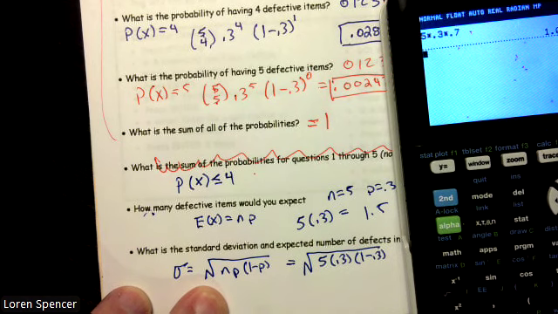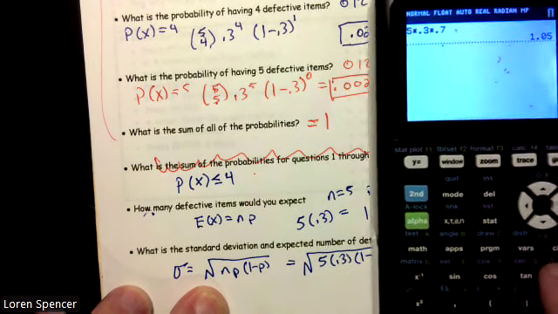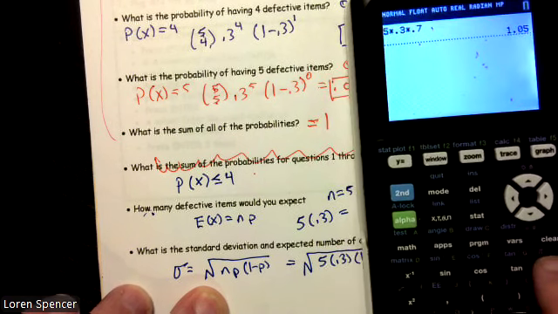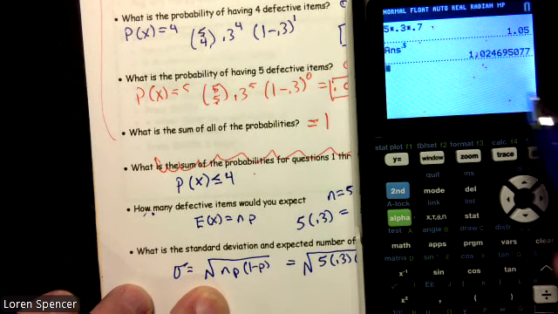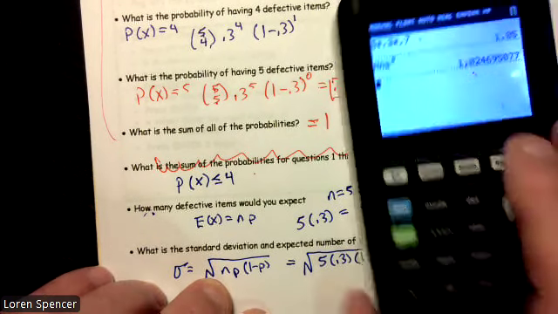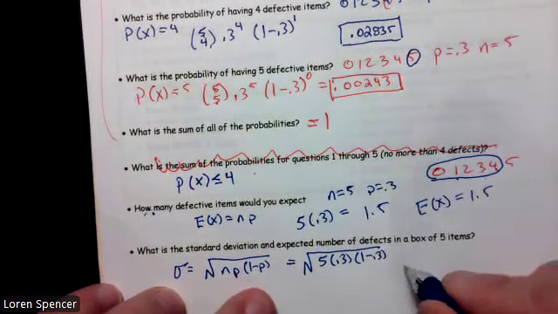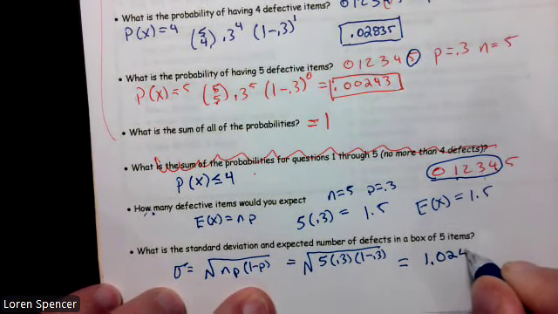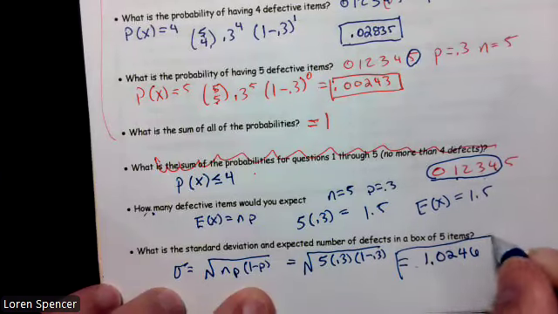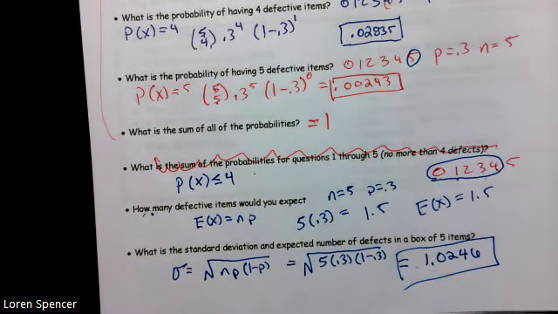And I get that number, and then I have to raise it to the half power, raised to the 0.5, and I get 1.0246. And I just like to truncate, equals 1.0246.